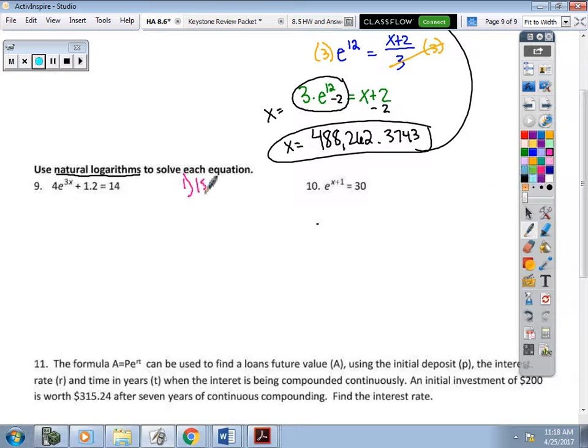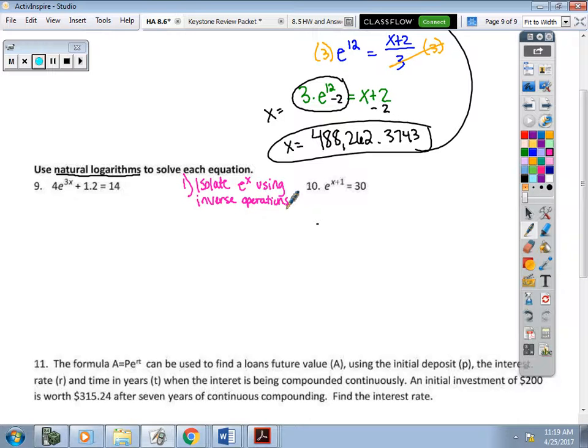Okay, so step 1 is going to be to isolate e to the x power using inverse operations. When I say e to the x, it might be e to the 5x, e to the 3x, but you just want the e by itself.